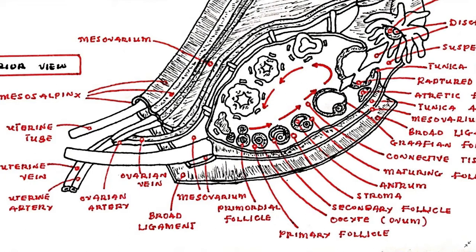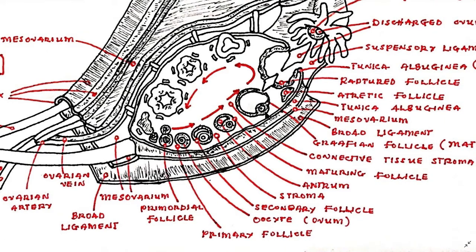In secondary follicles, a small cavity known as the antrum appears. The antrum is filled with follicular fluid. So the antrum continues to expand at the expense of the follicle cells, which are pushed away from the oocyte except for the single layer of cells known as the mature or the Graafian follicle.